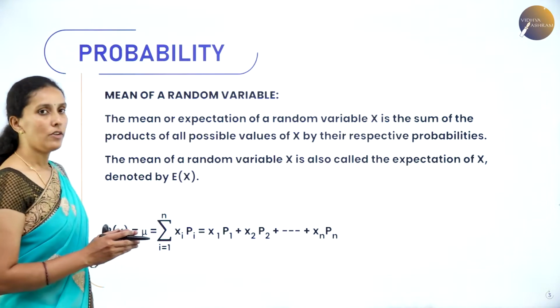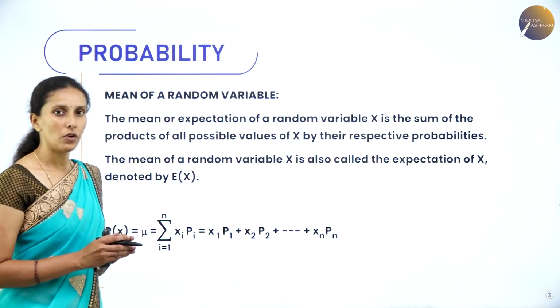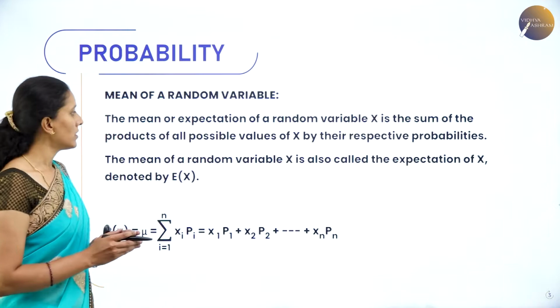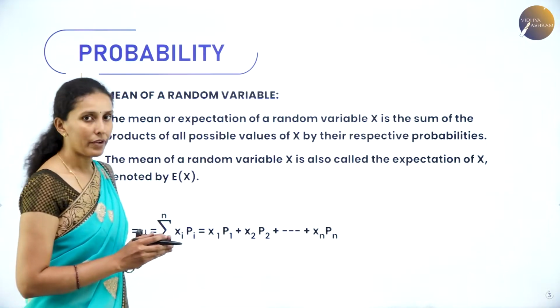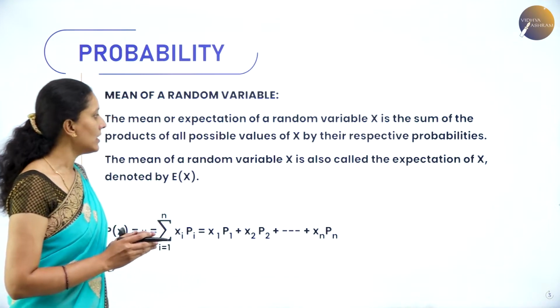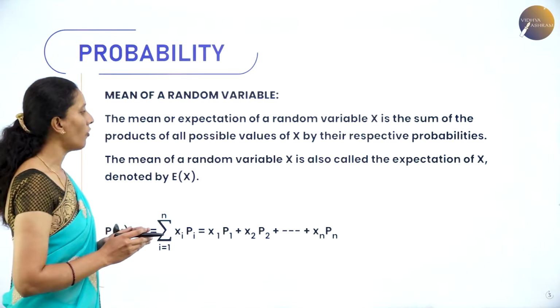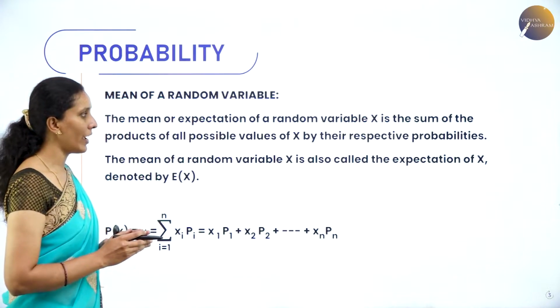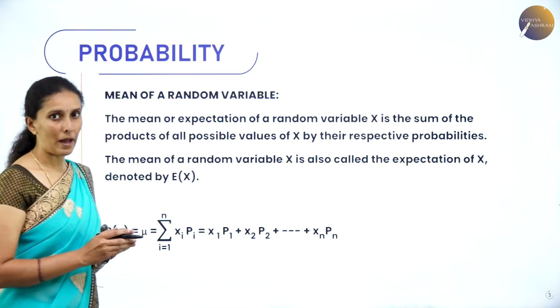The mean of a random variable is also called expectation. The expectation of a random variable x is the sum of all products of all possible values of x by their respective probabilities.